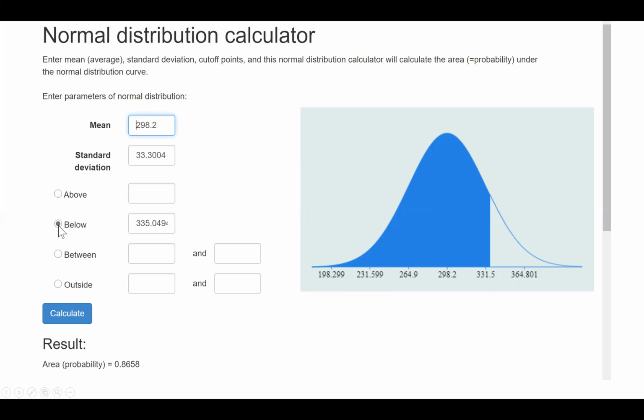And it says, what's the probability of it being below 335.0494? So click on below, click calculate, and it should give you the answer right here, 0.8635. So notice it's way over here. The average was 298. So if you're saying, what's the probability that it's going to be below 335? Well, it's going to encompass the average and everything else below it as well. So it should be above 50%, and it looks right. It is.